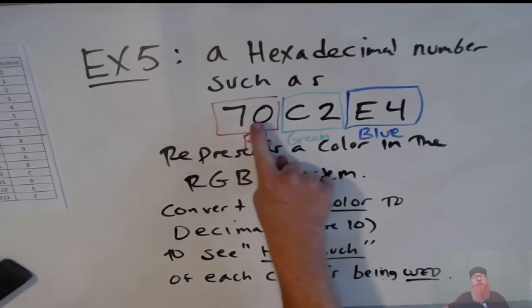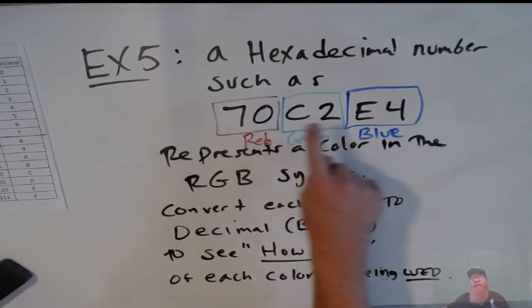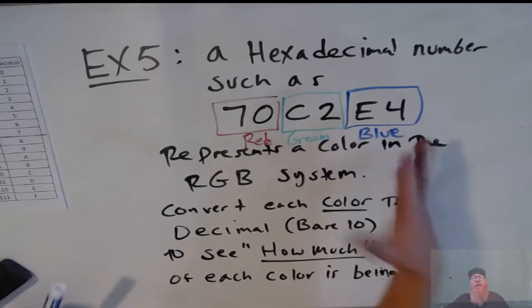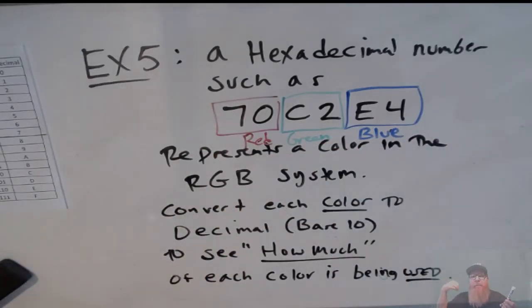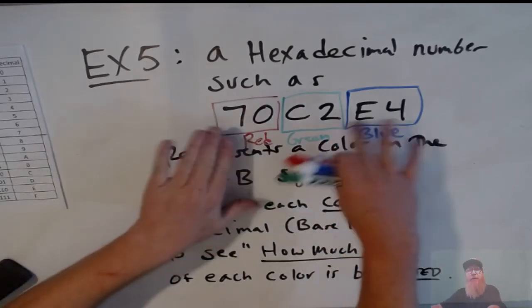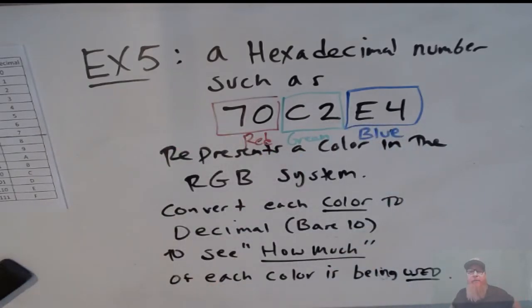And so this number, 70C2E4, is a blend of red, green, and blue, which shows up on my screen as a particular shade of, it looks sort of like green in this particular scheme. This is my green screen setting for the screen behind me.